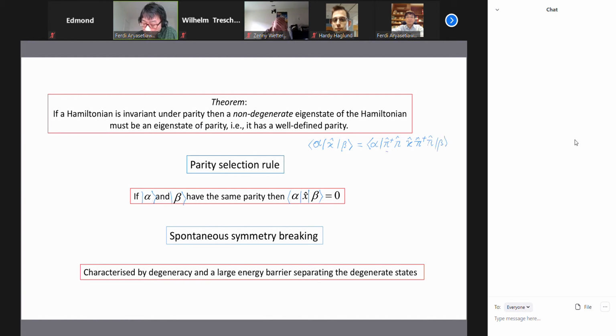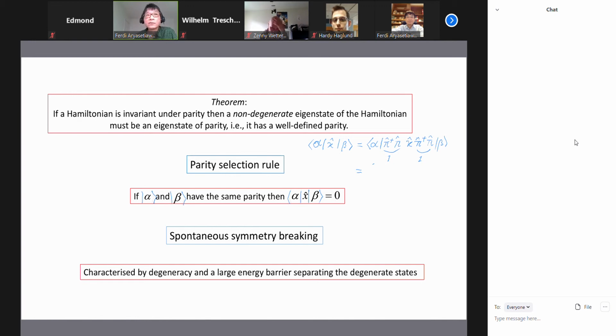That doesn't do anything because it's just one. It's unitary. So then we have, since alpha and beta are eigenstates of the parity operator and they have the same parity, then they have the same eigenvalue.